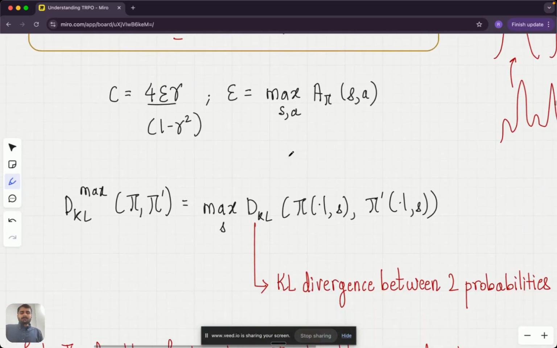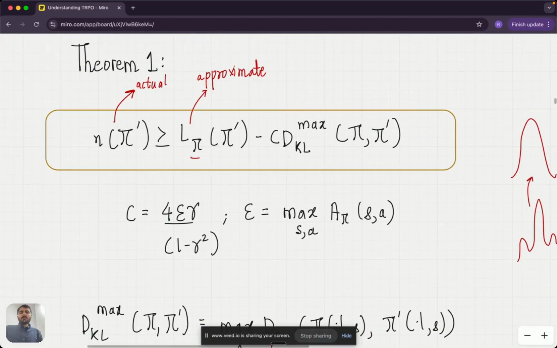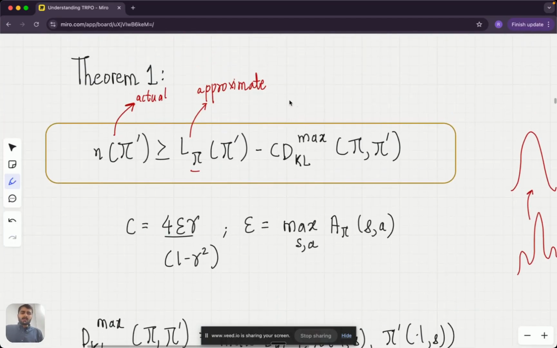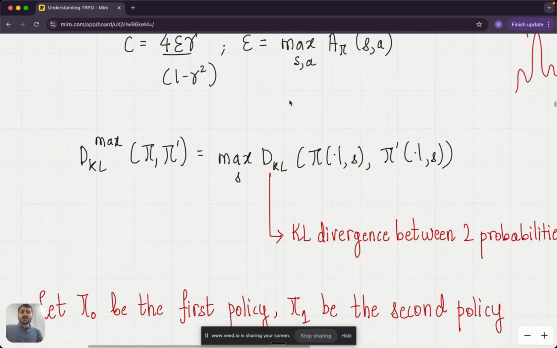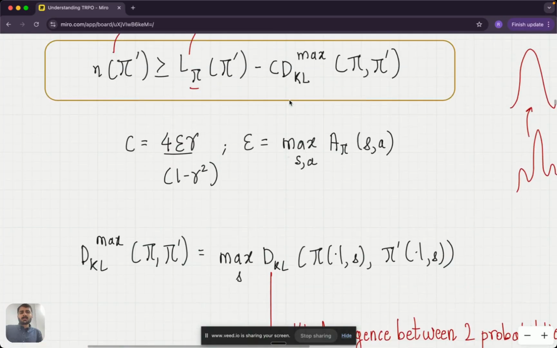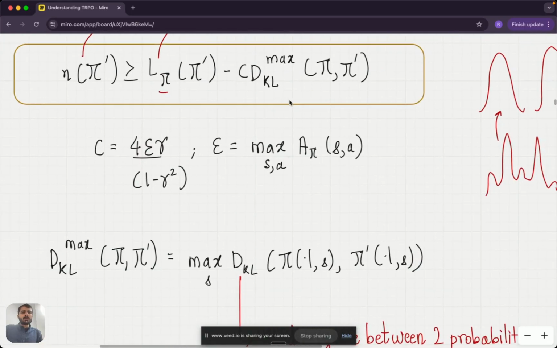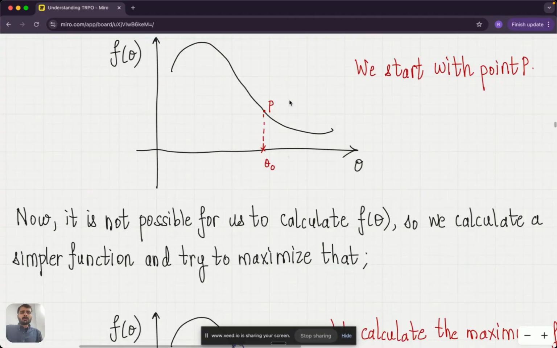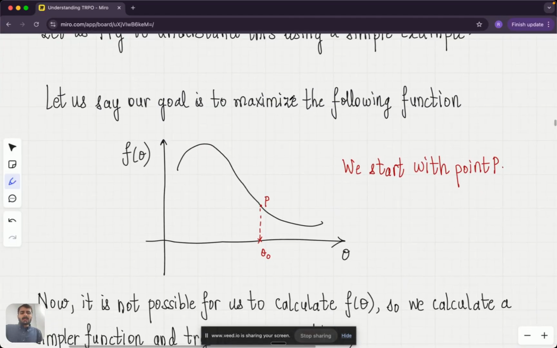Okay, so now once we have this expression, we are going to study how we can optimize our policy such that we move towards better and better policies. And for that, let's look at an intuition first to understand that better.